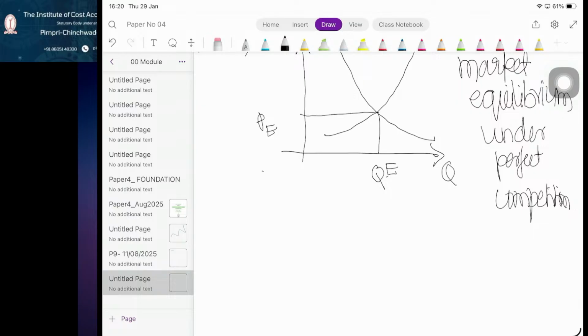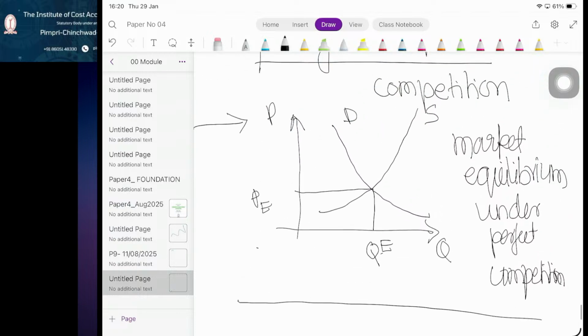Did you all get this? We of course have to deal a lot more with this perfectly competitive equilibrium.